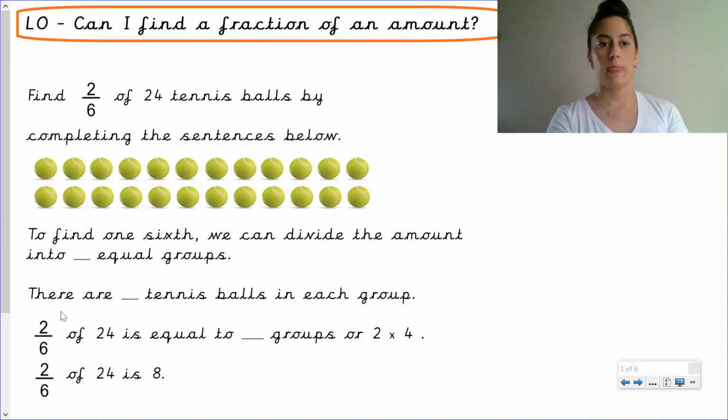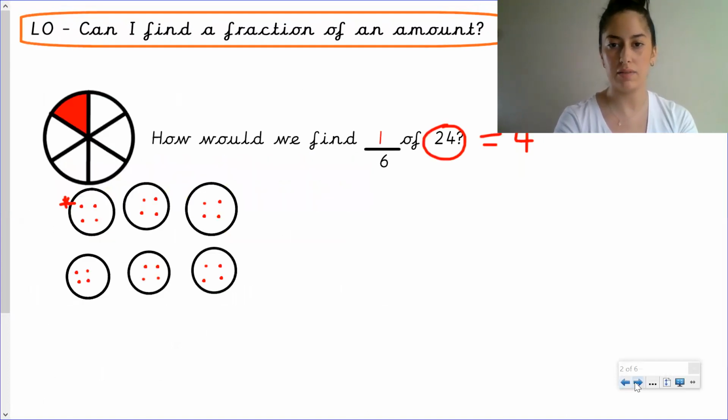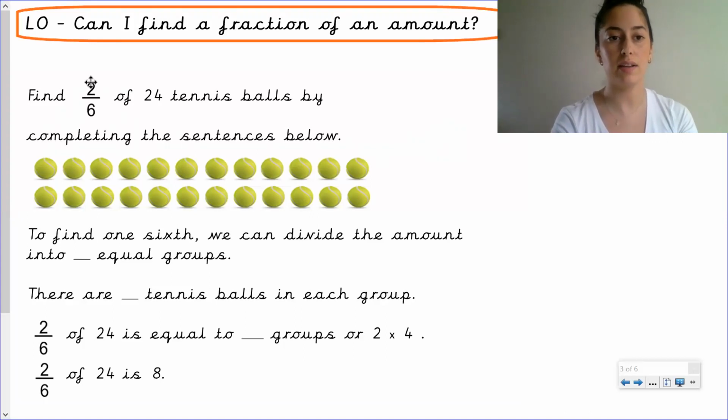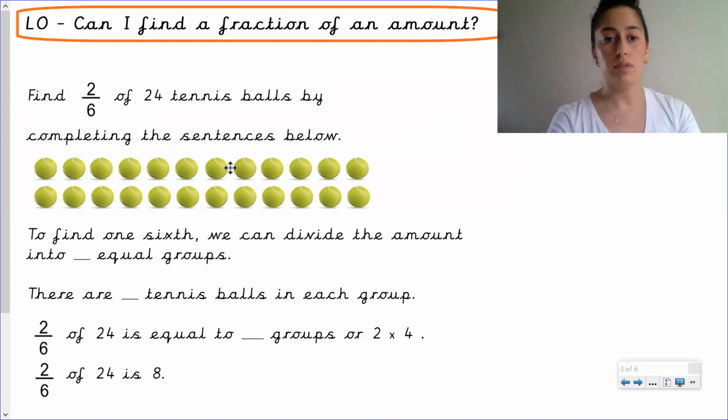So, in the previous slide, we've already found 1/6 of 24, and it equaled 4, because one group, when 24 split into 6 equal groups, had 4 in it. Here, instead of finding 1/6 of 24, we want to find 2/6 of 24 tennis balls.